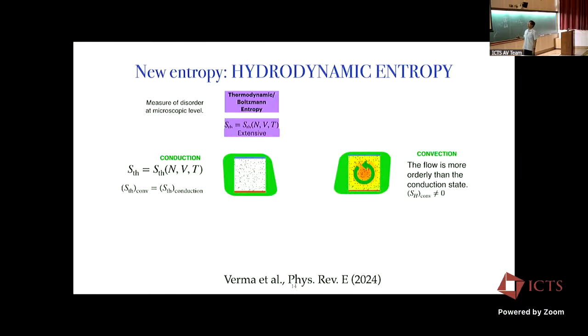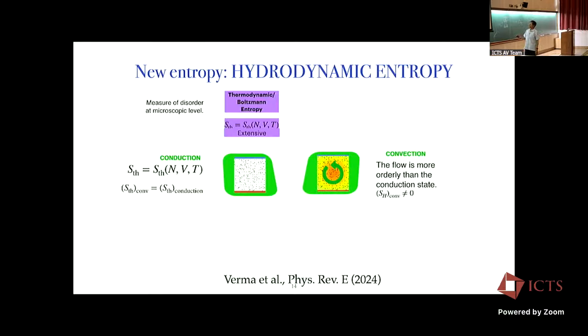Now let's change the experiment a bit. I'm near the critical temperature, where the difference may not be large, maybe 20 or 30 degrees. Just above the onset, there's a critical temperature, and above the onset we get nice rolls. This is a convection roll. Now I'll ask a simple question, which was asked by Prigogine many years back: what about the entropy of the system?